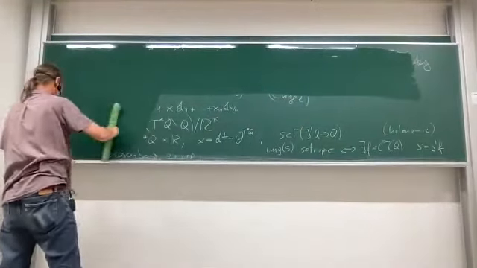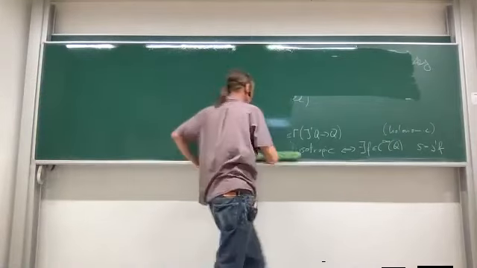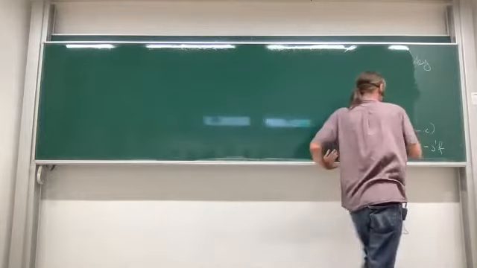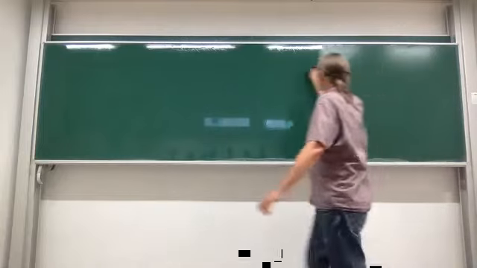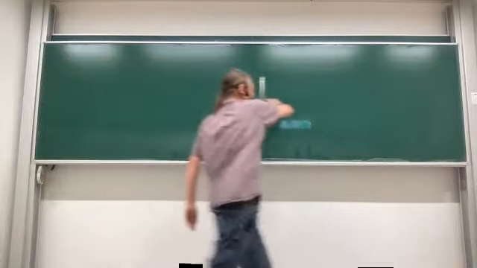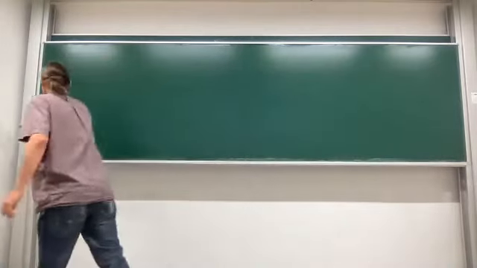This group of contact diffeomorphisms is a very nice group. It's well known that this is an infinite dimensional Lie group, and it is modeled on the functions on P. More precisely, it's modeled on the Lie algebra, on the sections of this line bundle. The standard charts we have for this group are called Weinstein charts.